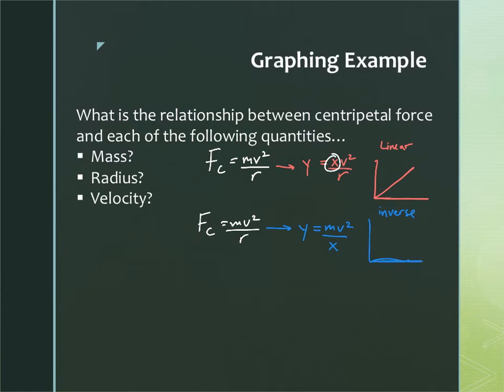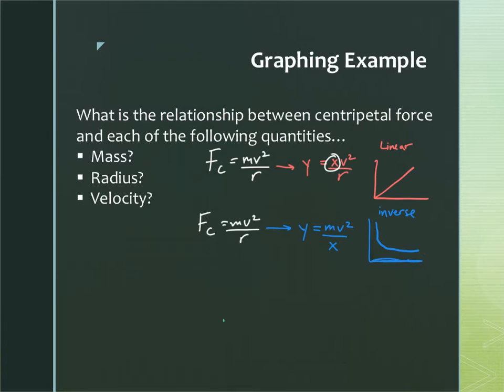So the inverse graph looks just like that. So notice how you're going to have a very short radius here. And as you increase the radius over the x-axis, look how the force decreases. So with a short radius, you have such a high force right here. But as you increase that radius, the force decreases. So it's inverse.